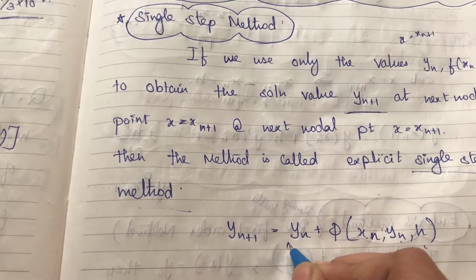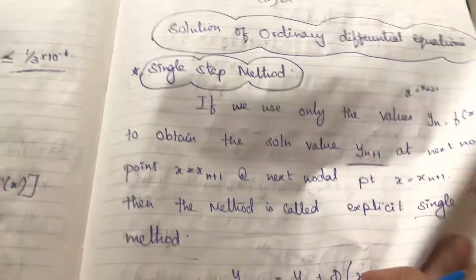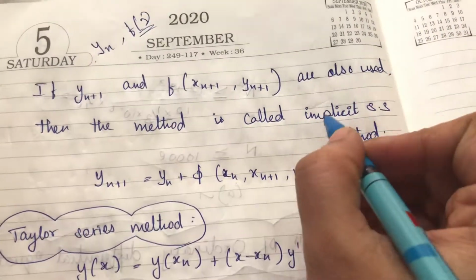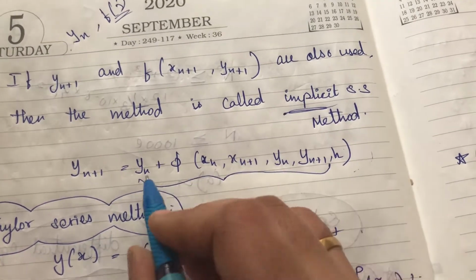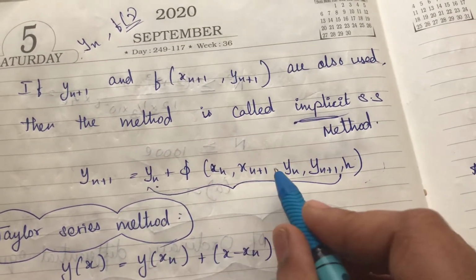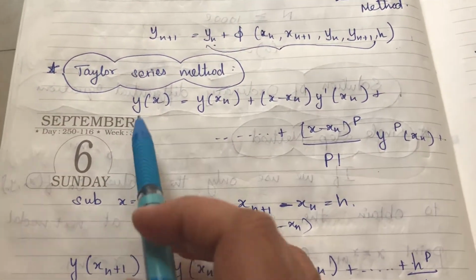Explicit means the right hand side has the same n, but implicit means the right hand side has a different one, with n and n plus 1. So this is the difference.